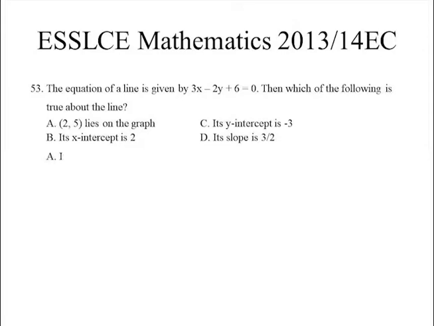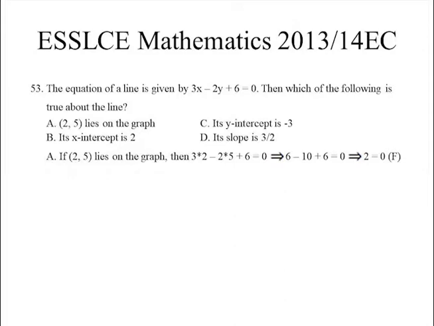If (2, 5) lies on the graph, then 3 times 2 minus 2 times 5 plus 6 is equal to 0. 3 times 2 is 6, minus 2 times 5 is 10, plus 6 is equal to 0. 6 minus 10 is negative 4, plus 6 is positive 2, which is equal to 0, which is false, meaning the ordered pair (2, 5) doesn't lie on the graph. So choice A is not true.